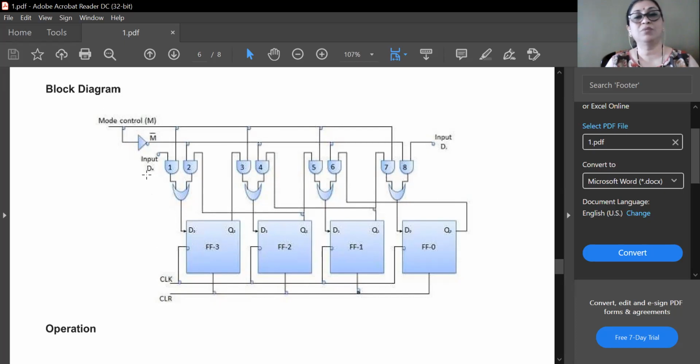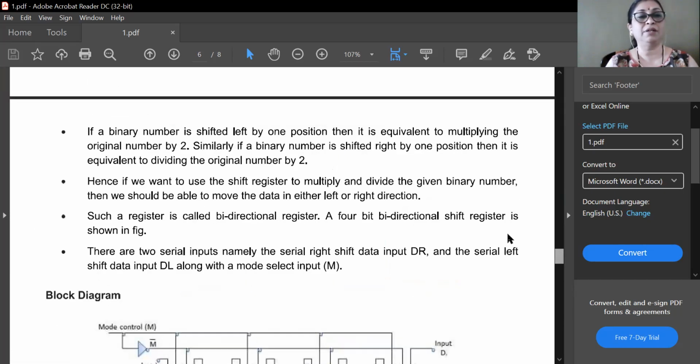And here you can observe there is an input present at AND gate number 1 for right shift operation, and an input present at AND gate number 8, it is used for left shift operation. Okay, so here clock is applied. Okay, so that is what you can observe in the diagram of the bidirectional shift register.